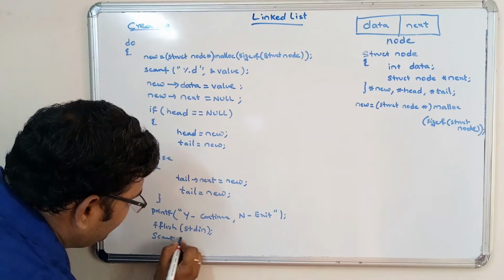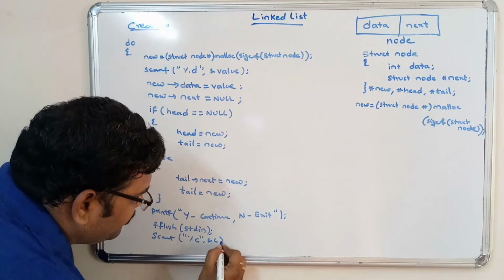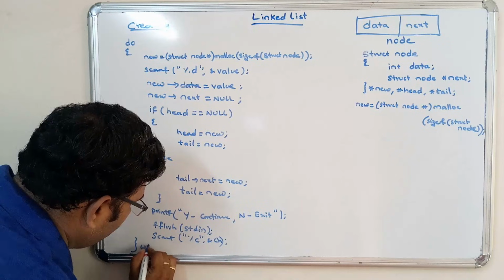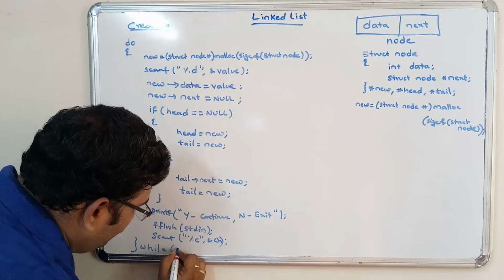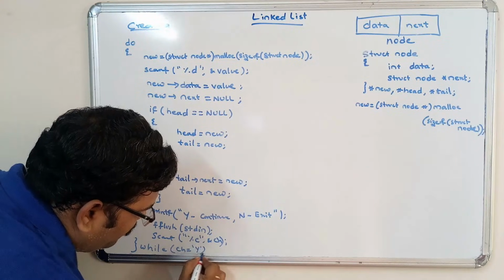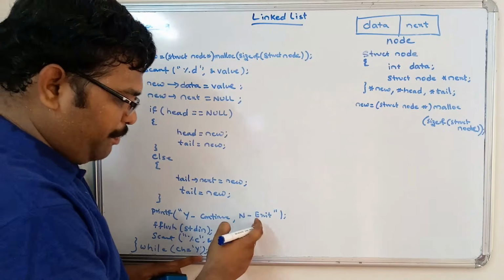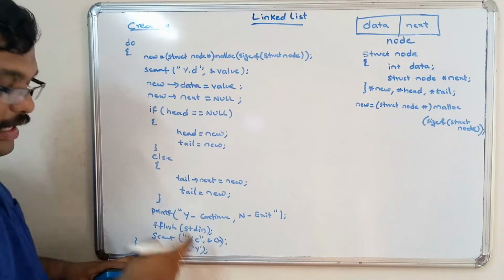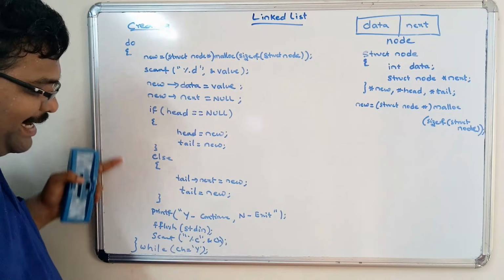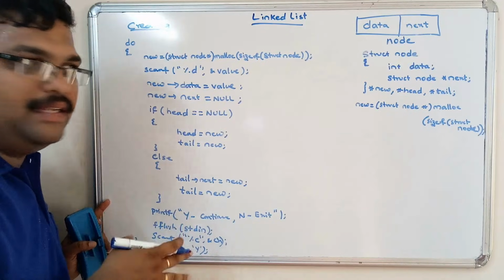So read the character scanf %c ch. Close the while loop. Whenever ch is equal to y, continue the loop until ch is not equal to y. Whenever you press n, automatically it will be exited, right? Hope you understood this one. This is for creating the list.